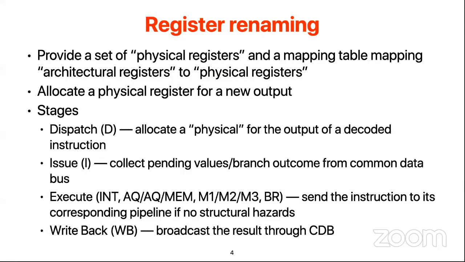The basic idea is that we keep architectural registers as an abstraction, and dynamically the processor remaps those architectural registers to the physical registers in use. Whenever the physical registers' values are ready, we can have the instruction go ahead and execute. So that's the basic idea of register renaming.